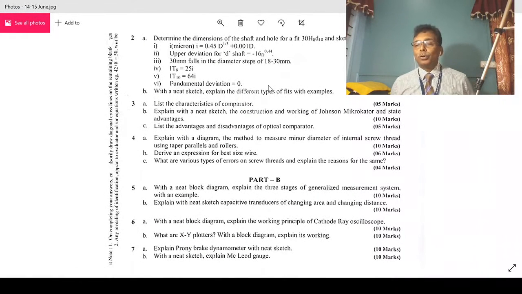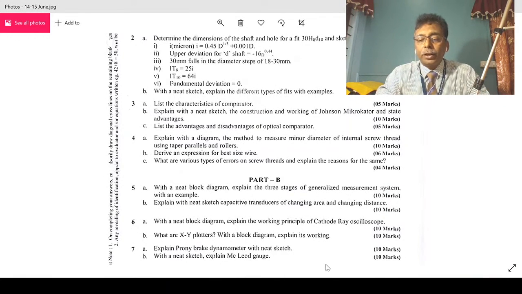Yes. So this posed some problem. Now I think this looks better now. Can you see the question paper? Okay, let us continue.